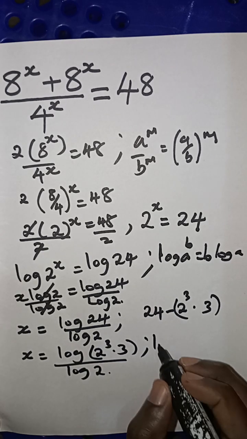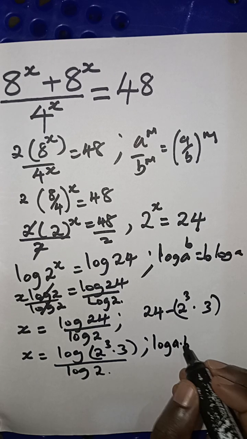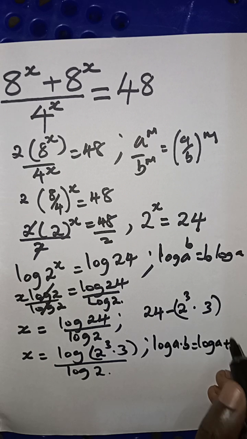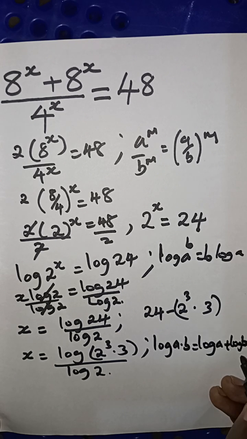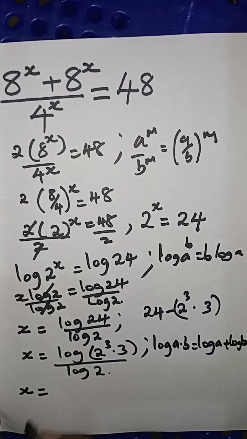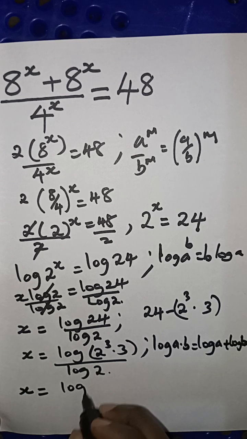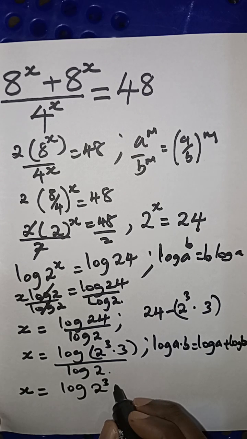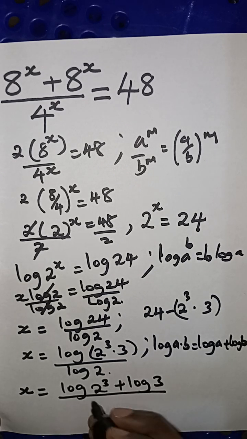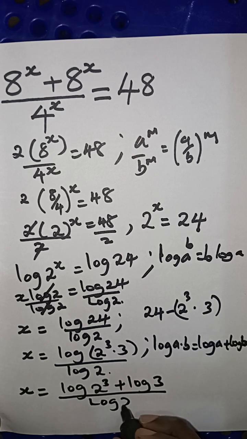And recall that wherever you have the log of a multiplied by b, then this can be rewritten as the log of a plus the log of b. So applying that here, the equation now changes to the log of 2 power 3 plus the log of 3, divided everything by the log of 2.